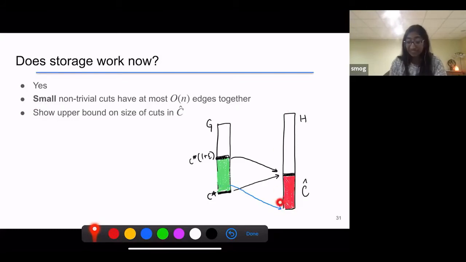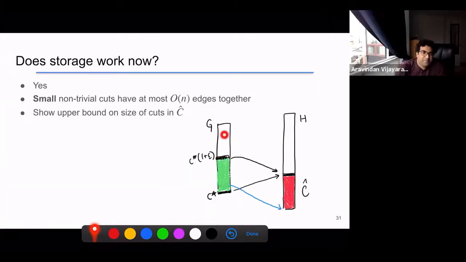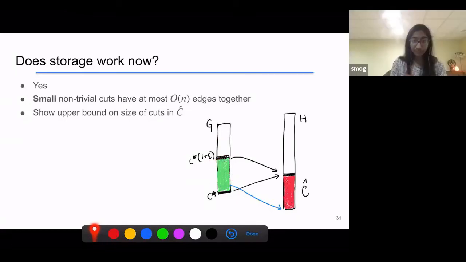But this is the stack of H, right? Not the stack of G. And remember, in the supernode graph, we're storing the edges in G. We've thrown H away by that time. So what we need to say is that this red range of cuts will correspond to some green range of cuts, such that anything outside this green range of approximate min cuts cannot get into this red range of cuts.